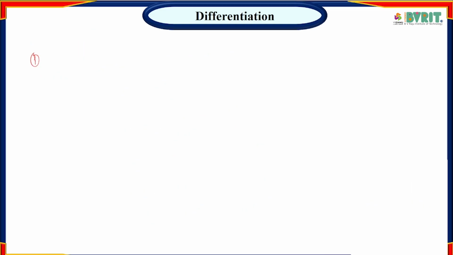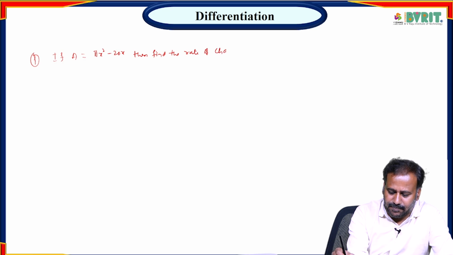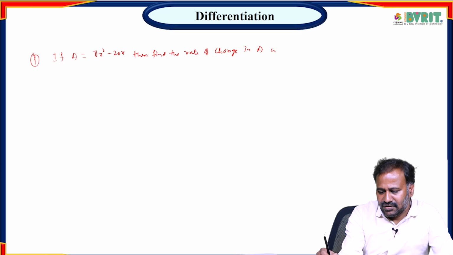So let me take one more problem. If capital A is equal to pi x square minus 20x, then find the rate of change in A with respect to x.